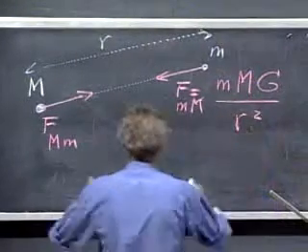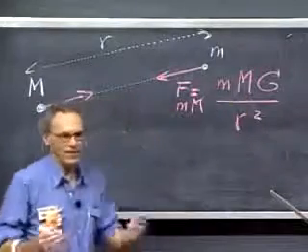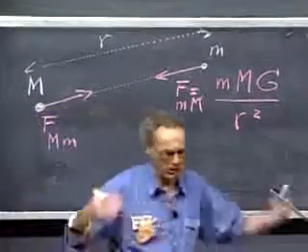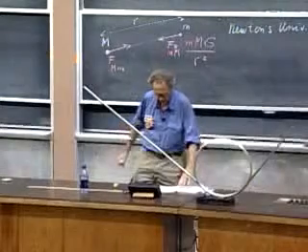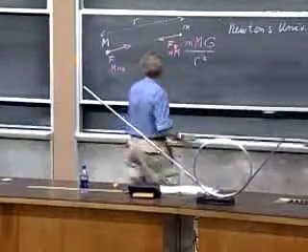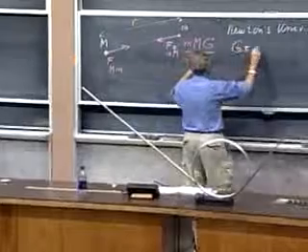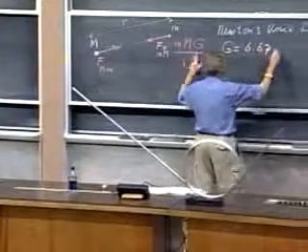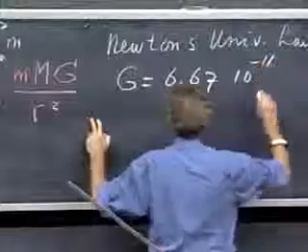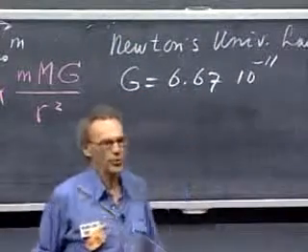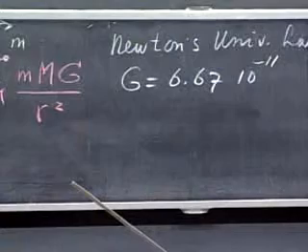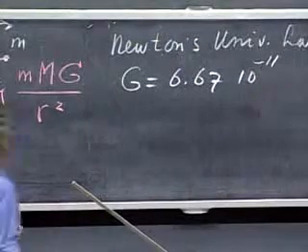Gravity is always attractive. Gravity sucks, that's the way to think of it. It always attracts. There's no such thing as repelling forces. The gravitational constant G is an extremely low number, 6.67 times 10 to the minus 11 in our SI units, which is Newton's square meters per kilogram squared or something like that. That's an extremely low number.